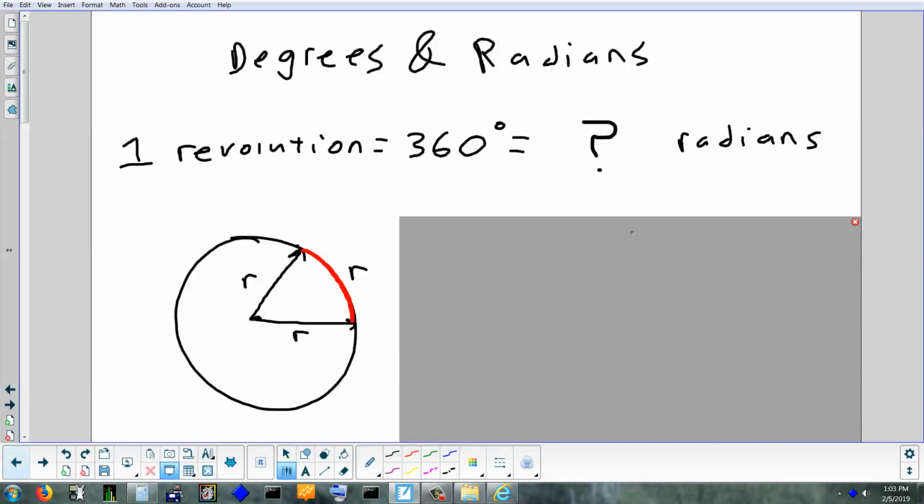All right, so what I've drawn there is a circle, and I've put an angle inside the circle. The vertex is supposed to look like it's right at the center of the circle. I labeled each ray of the angle as r, because it's the radius of the circle. The two radii come out from the vertex, and they hit the edge of the circle here and here.